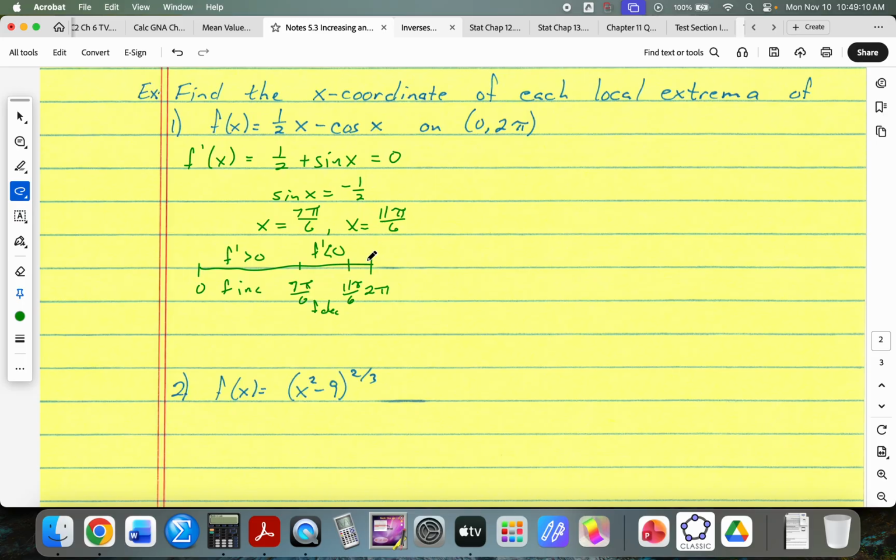And after we get past 11 pi over 6, although we're stopping at 2 pi, we could keep going. As we get close to 2 pi, this gets close to 0 plus a half, so f prime is greater than 0, f is increasing.